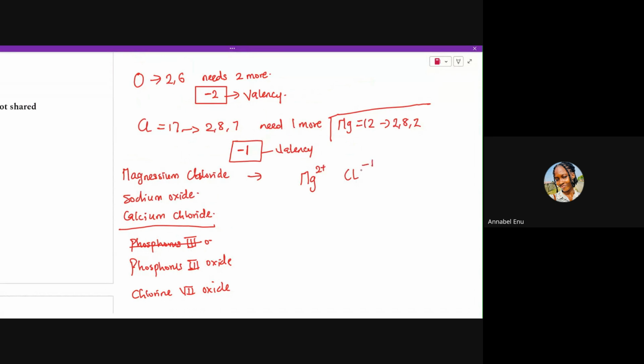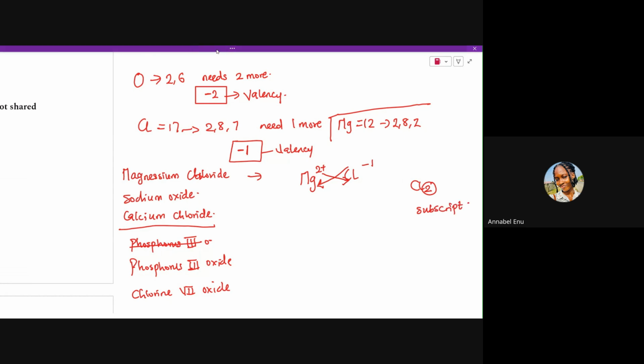So the crisscross method is saying that we will make this 1 of chlorine to be written with magnesium, and this 2 of magnesium to be written with chlorine in their subscript. Subscript is the number that is written at the bottom, like this chlorine 2 now. This 2 is subscript.